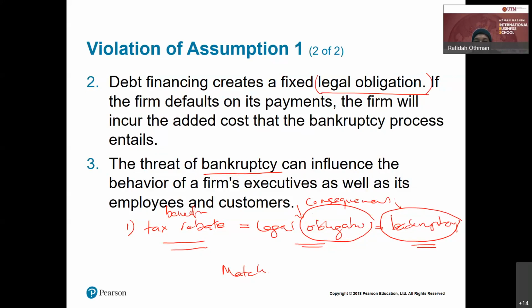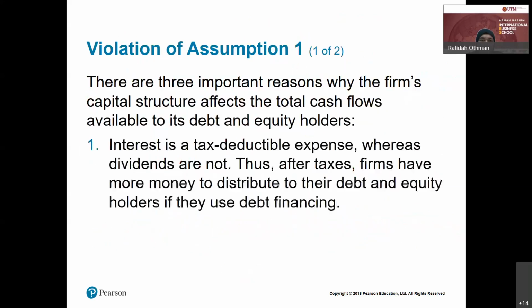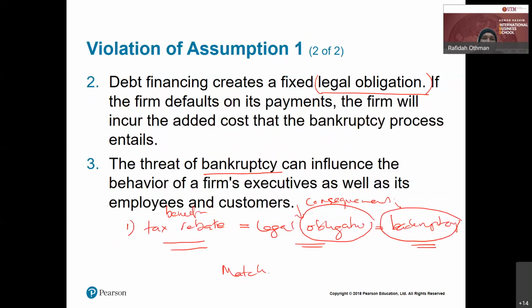So finance managers have to decide on this, because although they have this tax deductible benefit, we also look at this as the consequence of a fixed legal obligation, and we also have a threat of bankruptcy if we are unable to fulfill this.